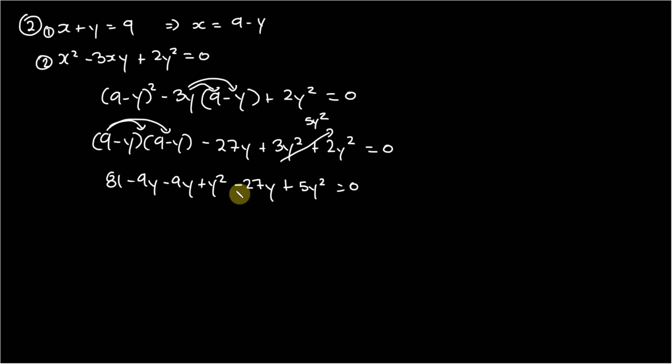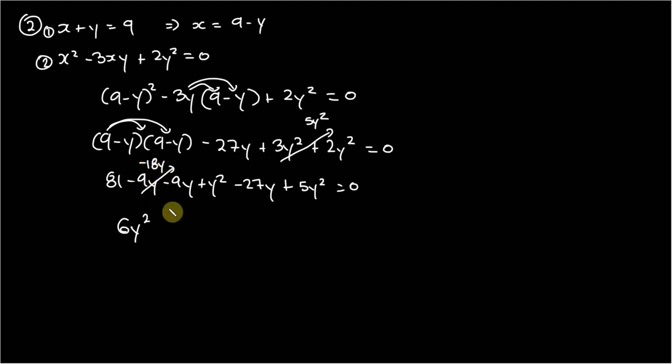So we can just combine like terms. Start with y squared. We have 5y squared plus y squared, so that's 6y squared. And this is negative 9y minus 9y, it's just minus 18y.